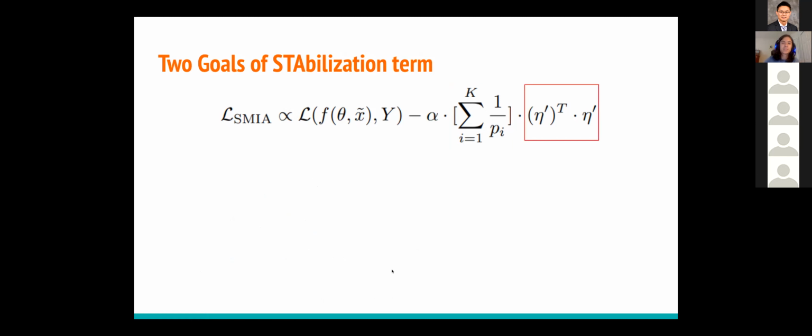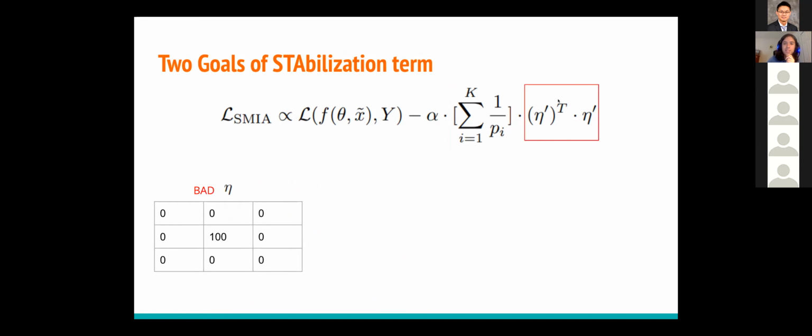The second term, which is eta, how much each pixel is being modified in the augmented image, we want to minimize this term.